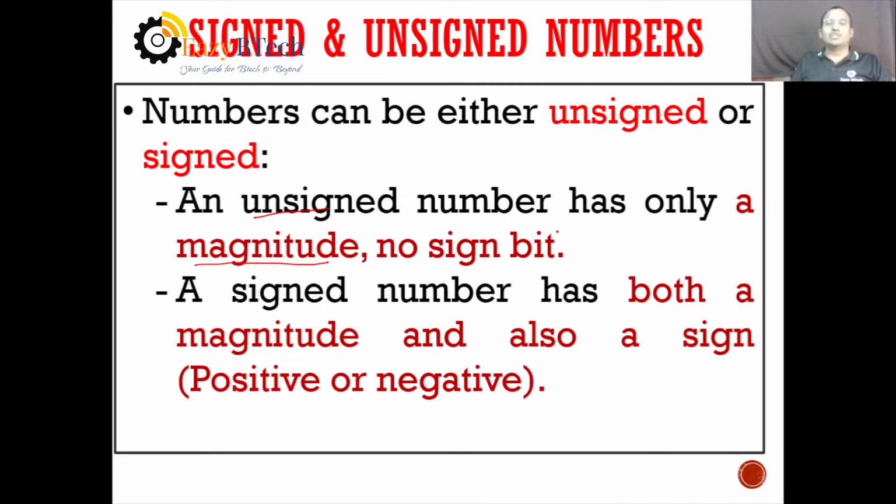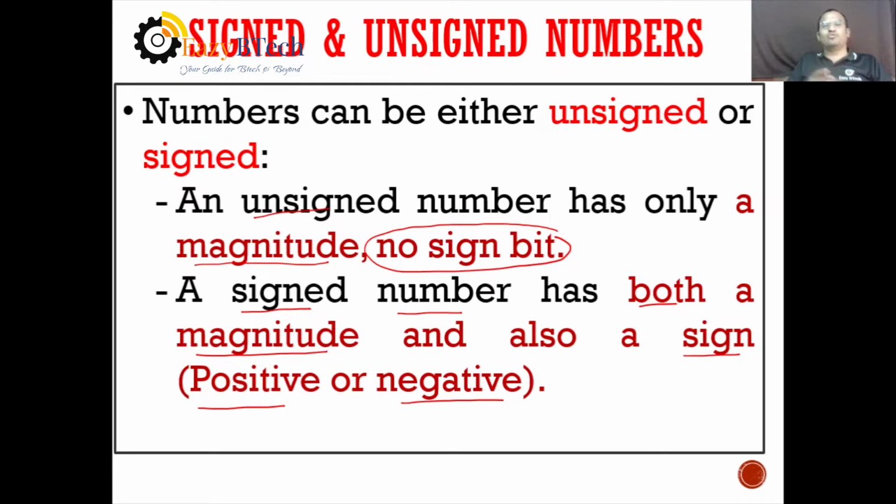It doesn't associate any sign bit, so no sign bit is allocated to it. Whereas a signed number will have both magnitude and also sign, so that can be a positive or negative number.